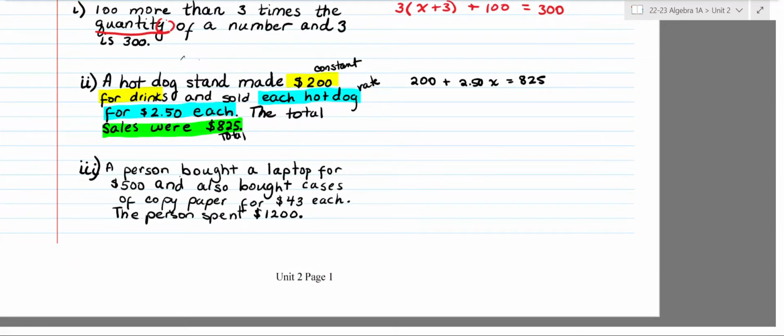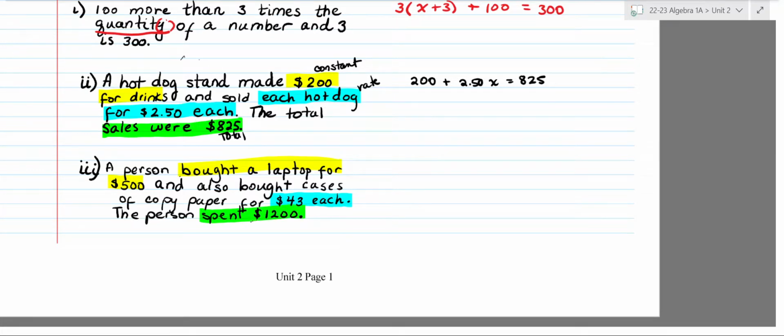And the last one says a person bought a laptop for $500. So first piece of information, they bought one laptop for $500, and they also bought cases of copy paper for $43 each. $43 each means a rate. The person spent $1,200.